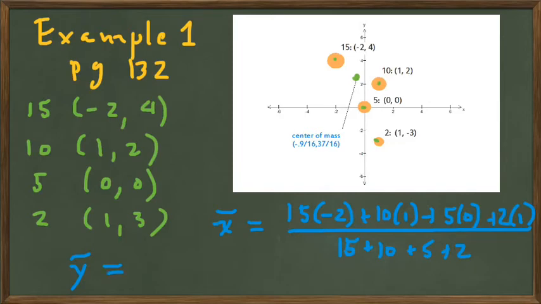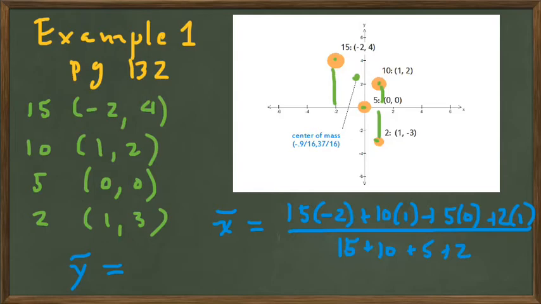For the x center of mass, we're seeing how far each point mass is from the y-axis, and to calculate the y center of mass that we're going to do now, how far is each point from the x-axis.